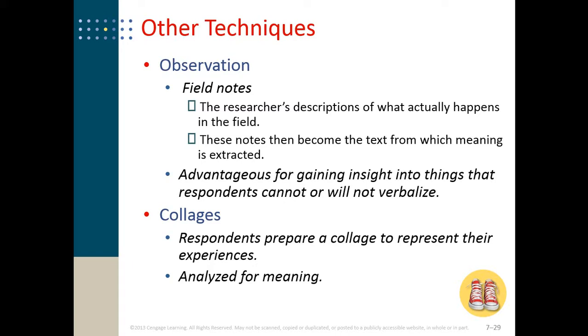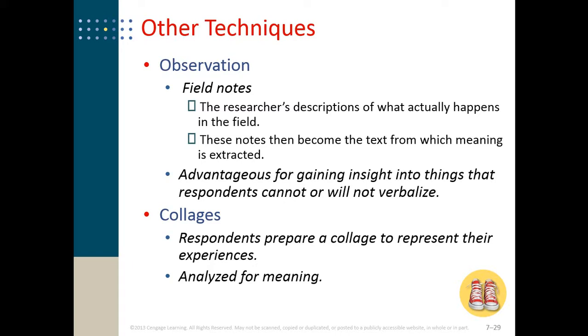Advantages are that it can be unobtrusive, because respondents are simply observed rather than asked any question. Another advantage is it can yield an actual behavioral pattern. However, the disadvantage is that it is very expensive, because it's like participant observer series.